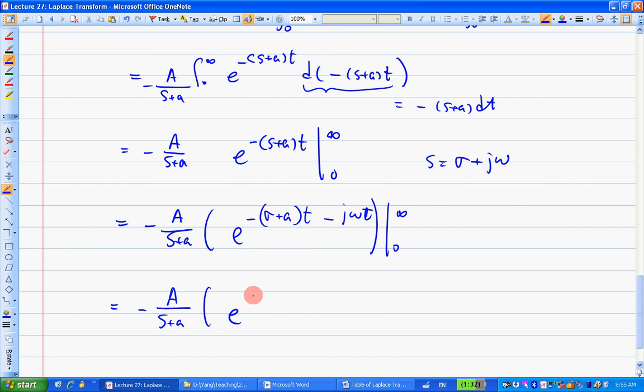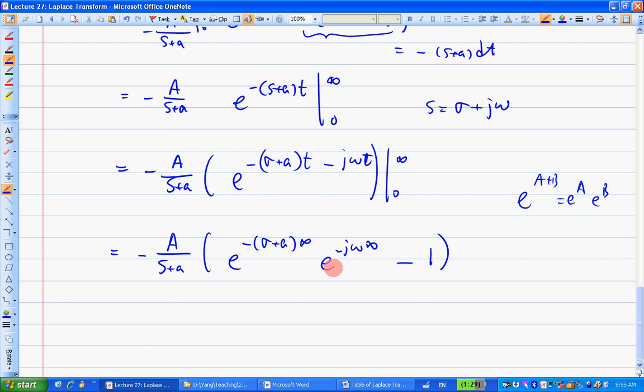I get e to the power of negative (sigma plus a) infinity, and e to the power of a plus b equals e to the power of a times e to the power of b, so this is e to the power of negative j omega infinity. And minus, then you plug in t equal to 0 here: everything is 0, so e to the power of 0 is 1.